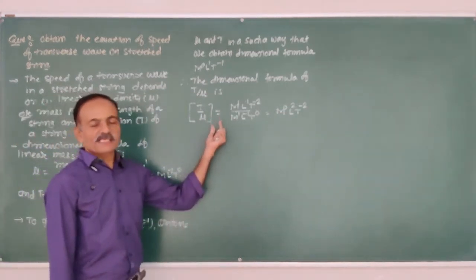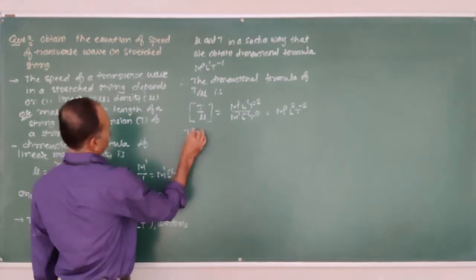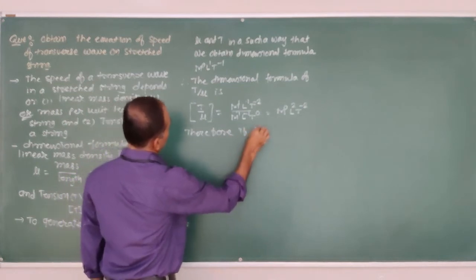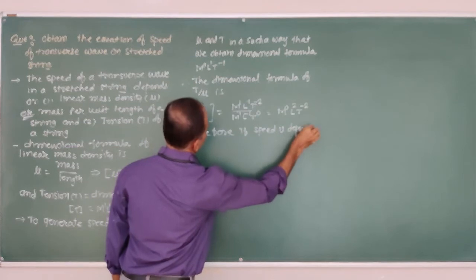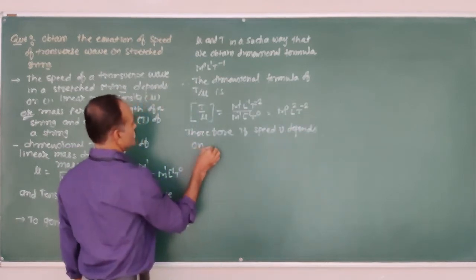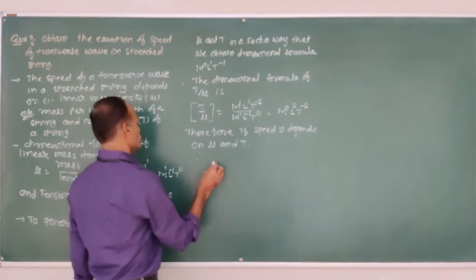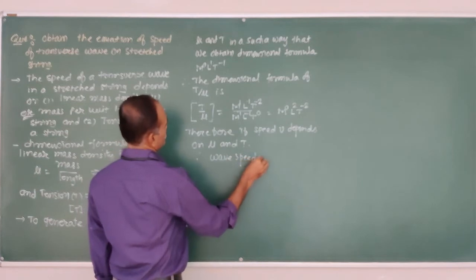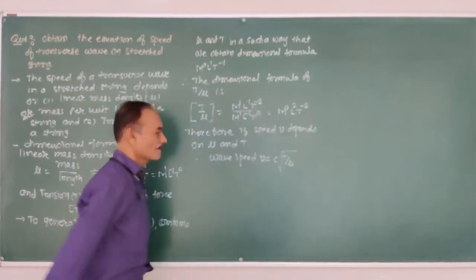Therefore, if the speed v depends on mu and T, then the wave speed v is equal to c into the square root of T upon mu.